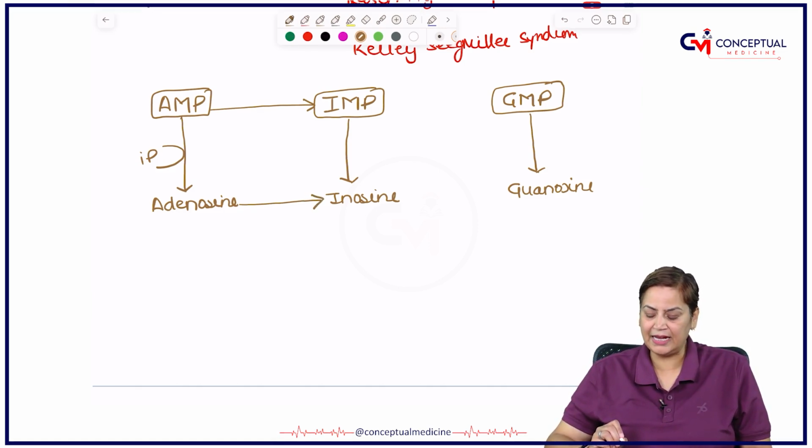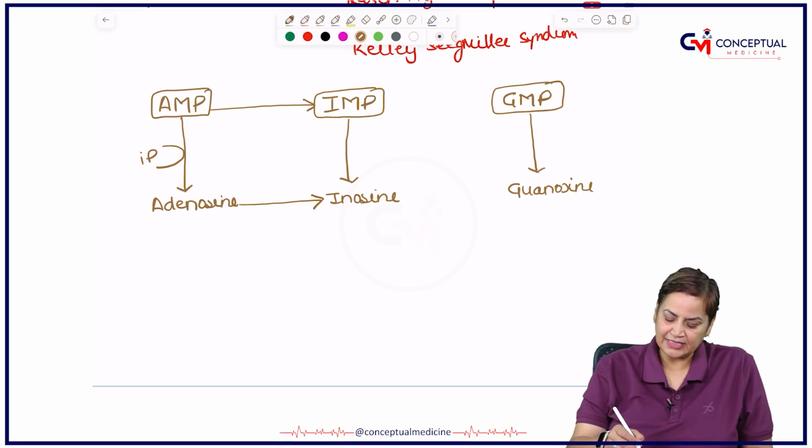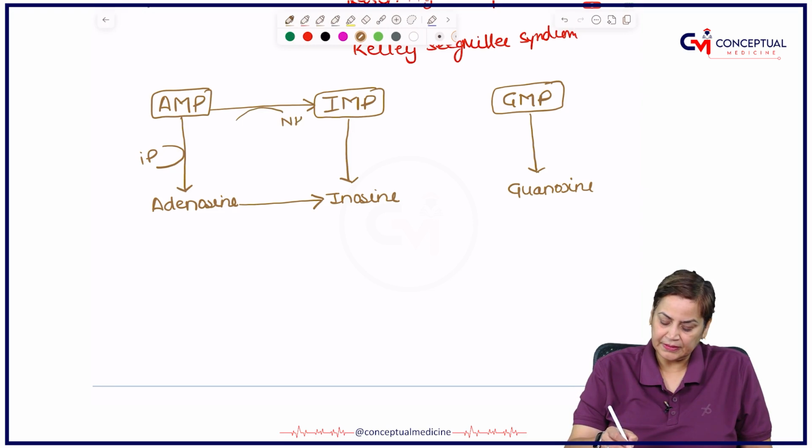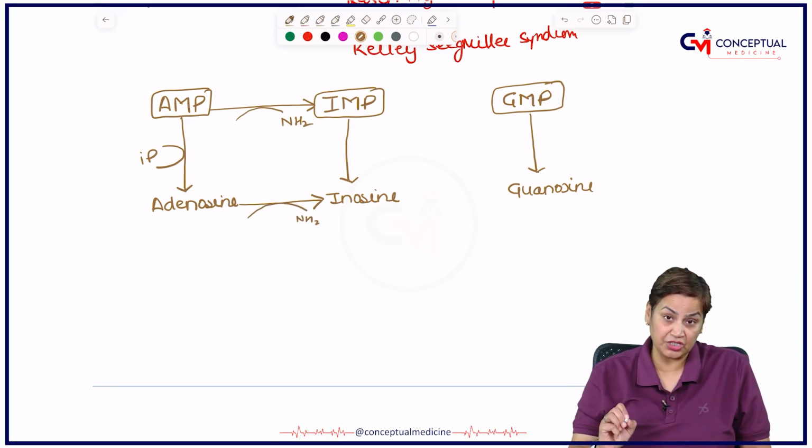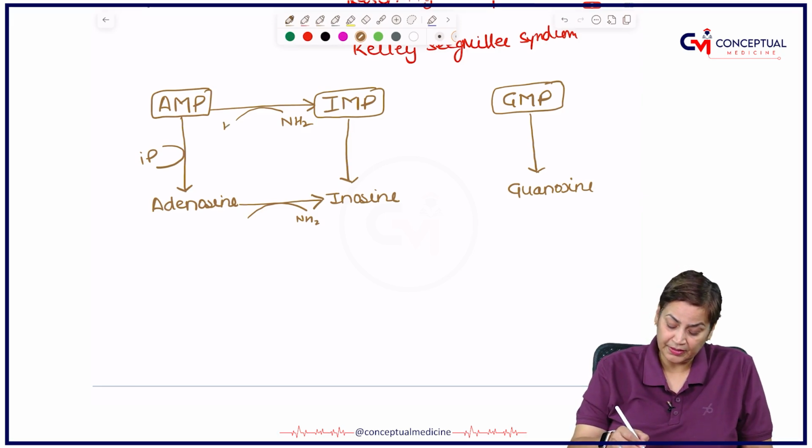Okay, simply, from adenosine to inosine, one molecule of nitrogen, the amino group, is lost. Since the amino group is lost, we can call this deamination, a removal of an amino group.